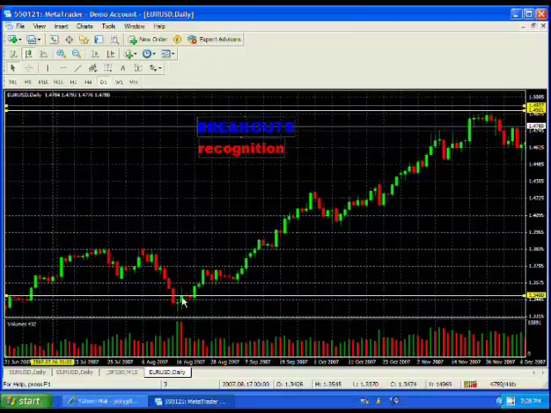When we go to this green bar that closed up, we see that it closed above the closing high of this bar, which is the breakout bar.